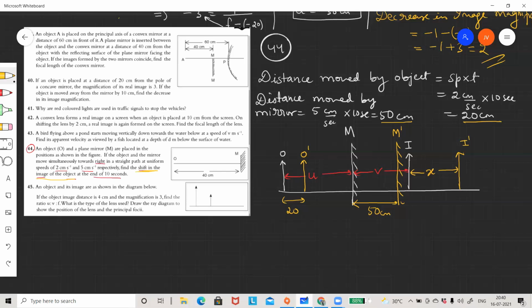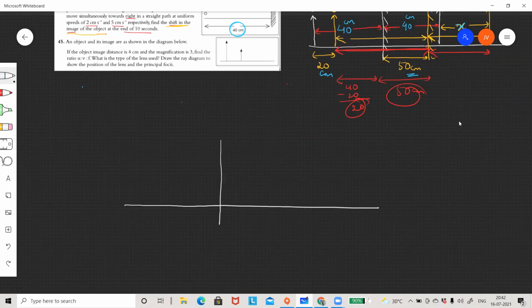All right. So this distance should be equal to this distance. Okay, distance between object and image should be equal. Already we have 50 centimeter. Okay, so what is the distance between O? I said there is a mirror. Okay, clear.